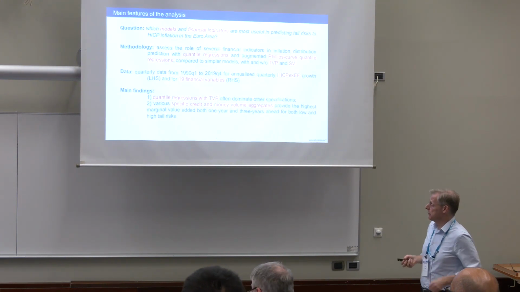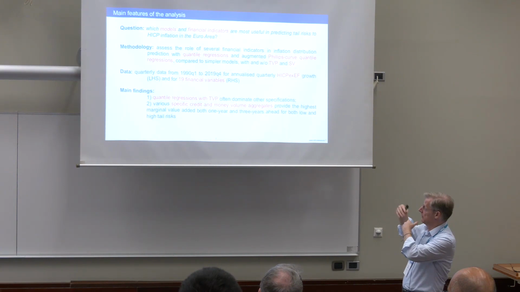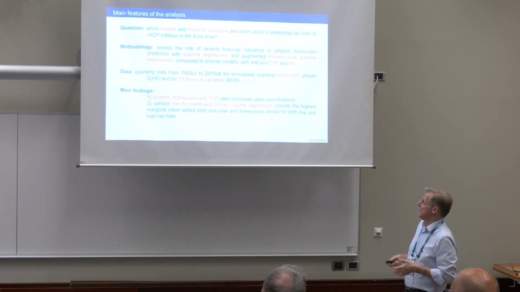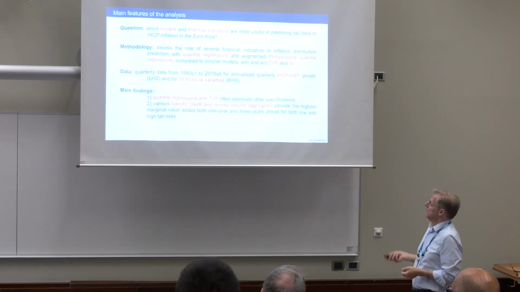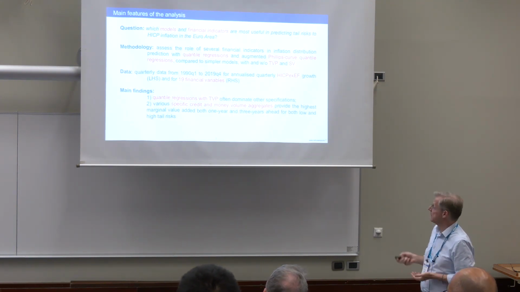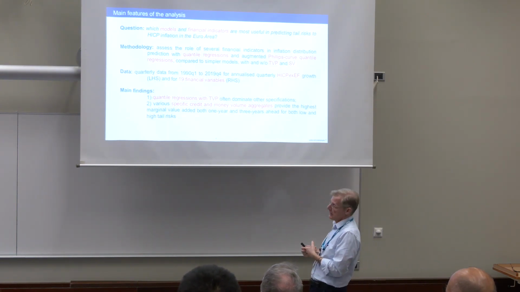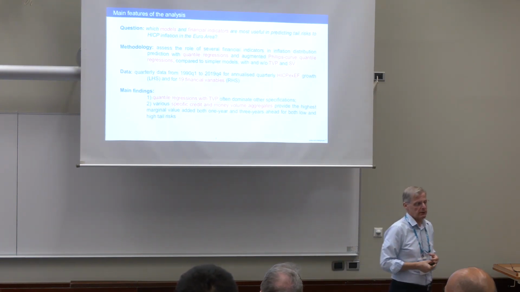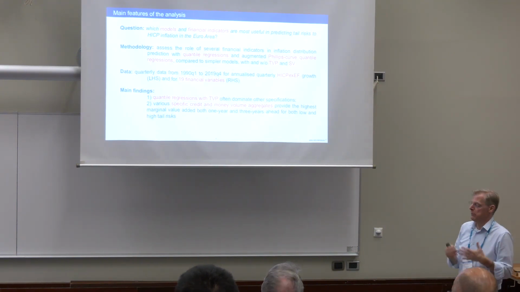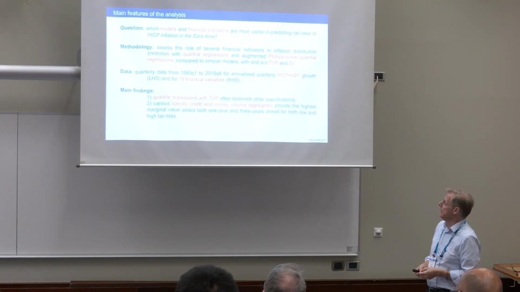So the main findings: comparing several different specifications, several models with different financial variables one at a time, we find that, first of all, from a modeling perspective, quantile regression with time-varying parameters often dominates other specifications, both in the short term, 1 year ahead, and the medium term, 3 years ahead.